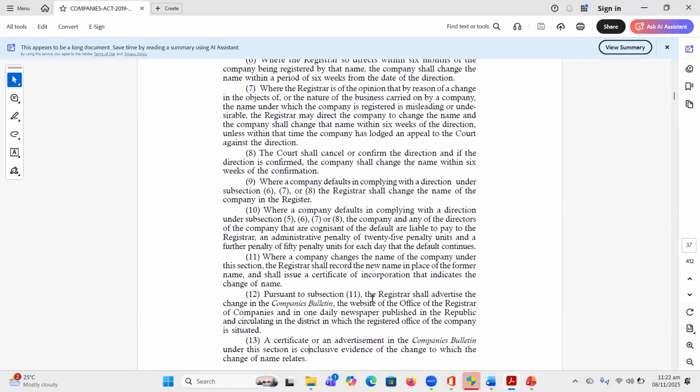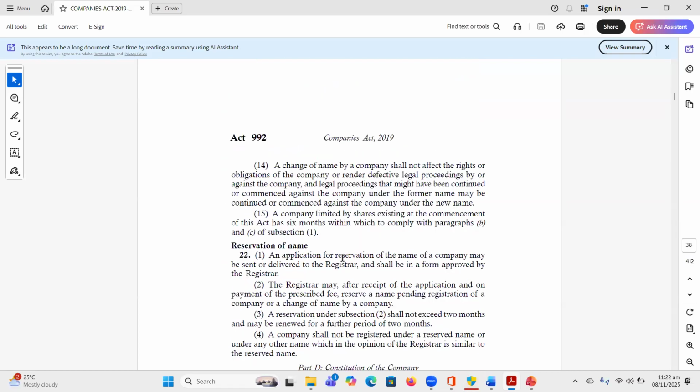So the new name will have to be published in the Companies Bulletin, and the website of the Registrar of Companies will also have to carry that, and there will have to be a single publication in the daily newspaper in the district in which the registered office of the particular company is situated. And where there's a certificate or advertisement in the Companies Bulletin, it is considered conclusive evidence of the change of name. So let us keep that in mind.